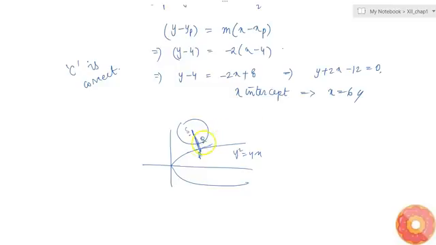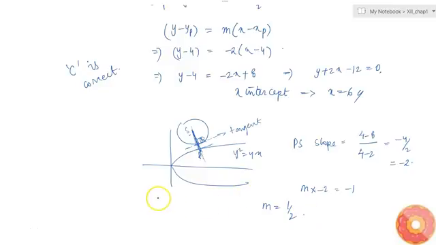This is point Q. Since this is the shortest distance, we know that the tangent is simply perpendicular to this line. So the tangent slope will be normal to the line drawn from P to S. The PS slope is 4 minus 8 by 4 minus 2, that is minus 4 by 2, that is minus 2. Now for the tangent, slope m into minus 2 is equal to minus 1, so the slope will be equal to half.